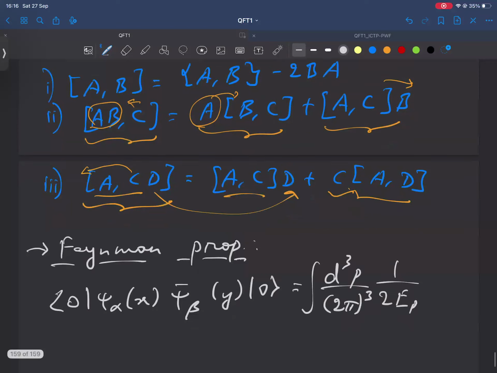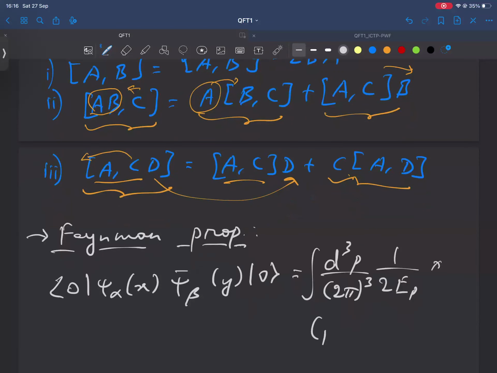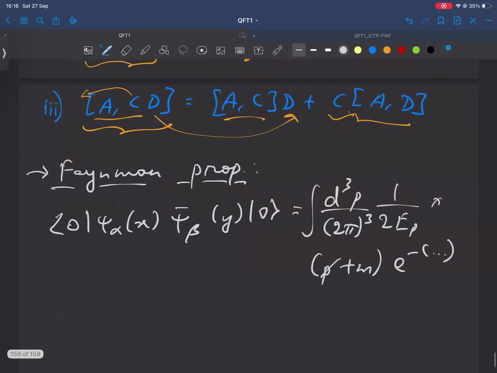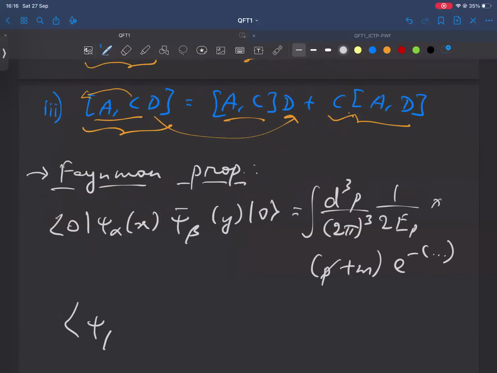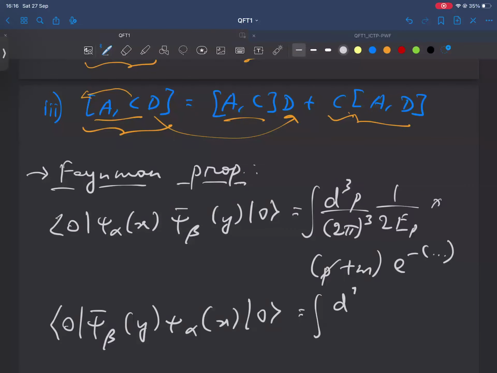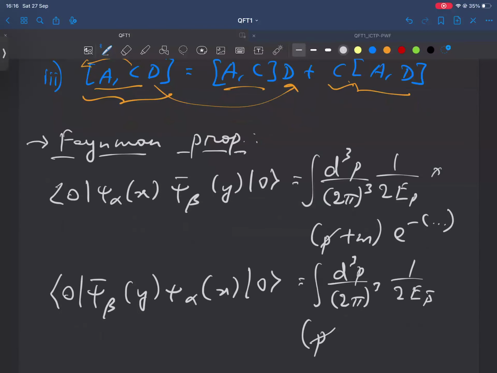And again, using the ladder operator expressions, you can show these things. So P plus M and e to the power minus that thing, and psi beta bar y psi alpha x equals d3p by 2 pi q, the same energy factor, but now the opposite Dirac thing acting on the plus.